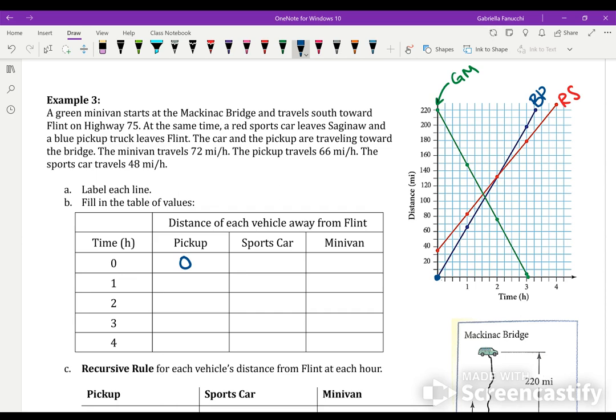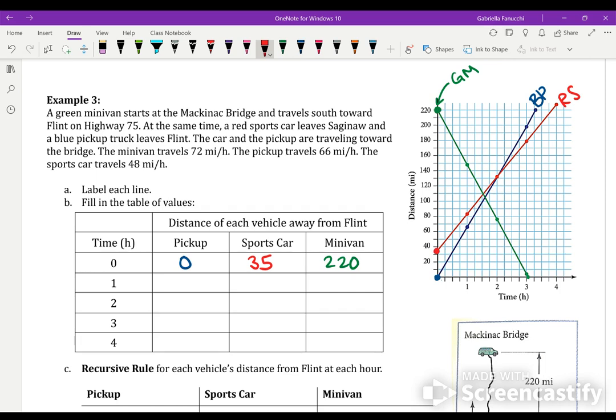It is about 35 miles from the bridge. Okay, and the minivan at 0 hours, again, the X value is 0. Where is it? It's 220. If you're not seeing, I got it right here. Okay, those are where I'm getting those numbers.